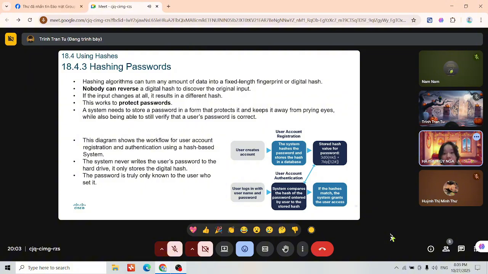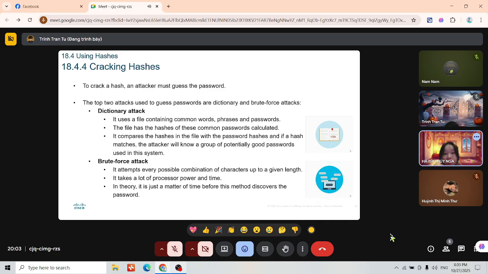Next, part 18.4.4 Cracking hashes. Now, how do attackers try to break a hash? There are two common methods. Dictionary attack: the attacker uses a list of common passwords, calculates their hashes in advance, and looks for matches.